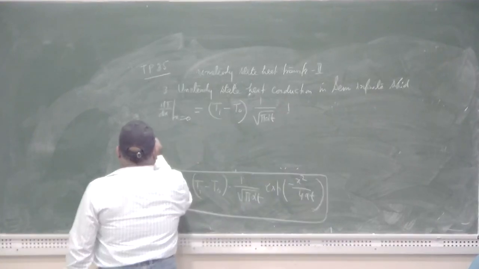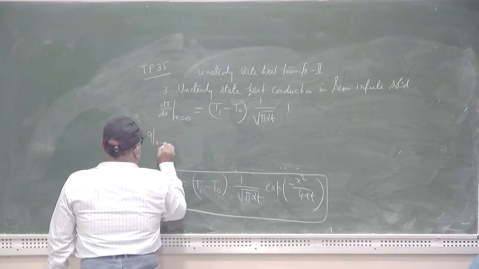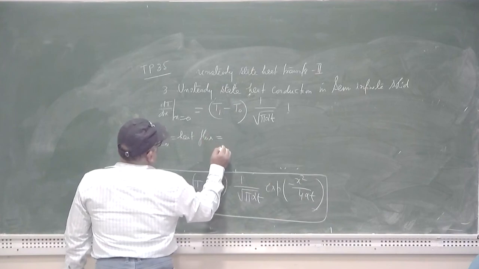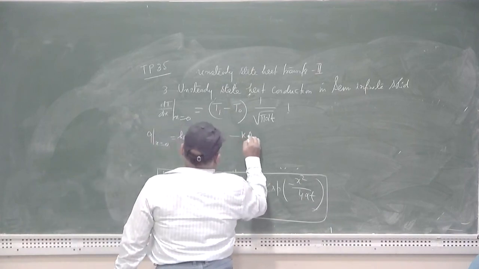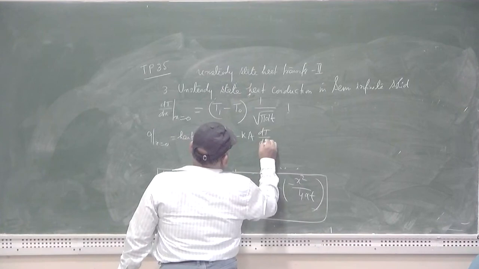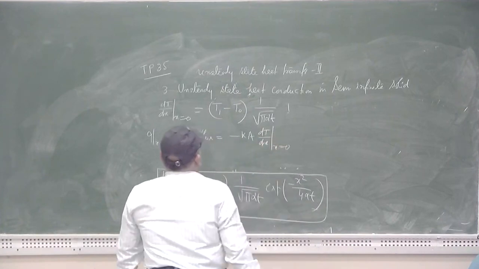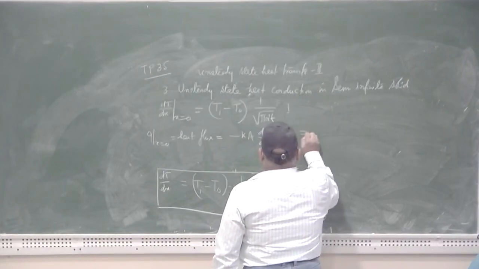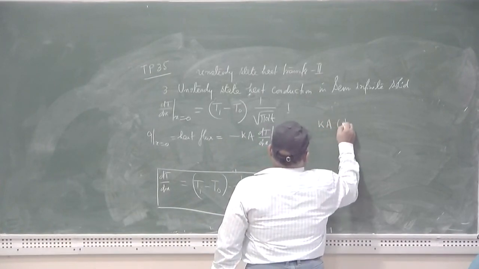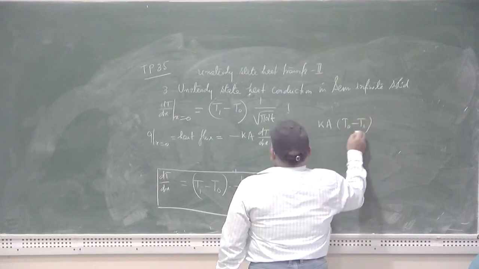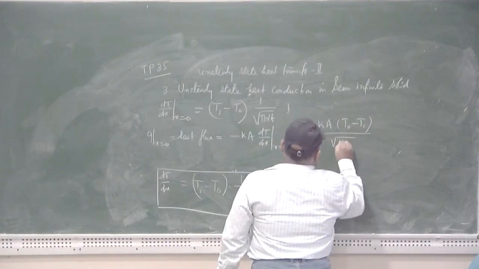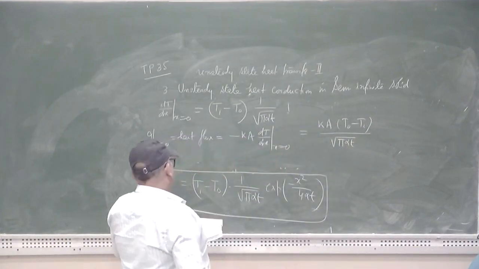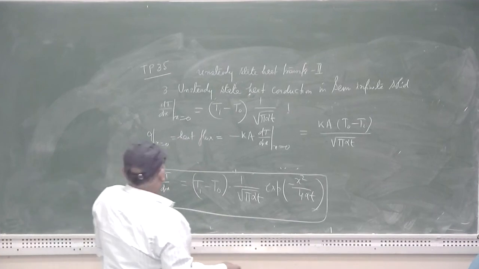So the heat flux q at x equal to 0 should be equal to minus k A dt upon dx at x equal to 0. If you put the value for this quantity, it can be given as k A t naught minus ti divided by under root pi alpha t. So this is the expression for heat flux.